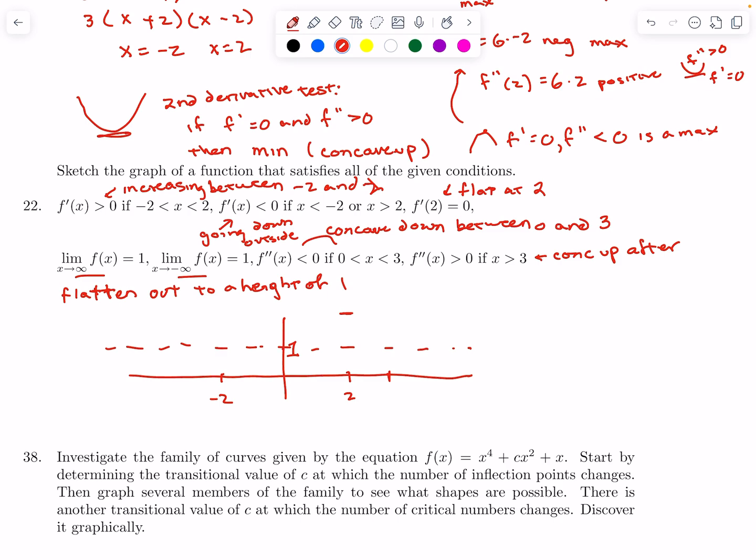I need to be going up, concave down until 3, and then leveling off, changing concavity at 3. So. Okay, flat at 2, going up between -2 and 1, let's see.